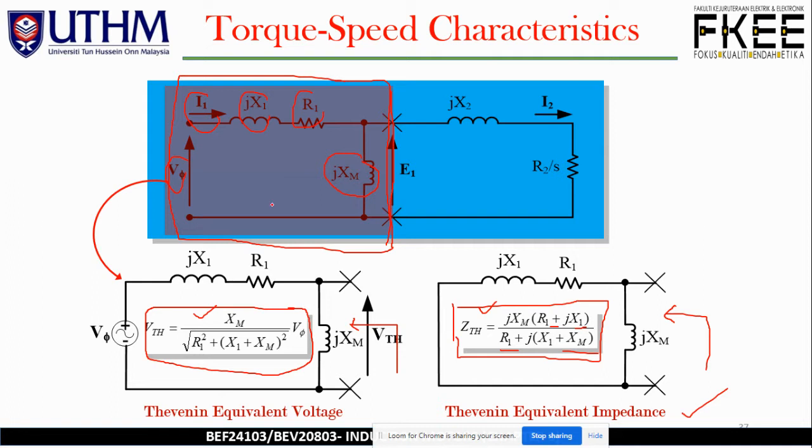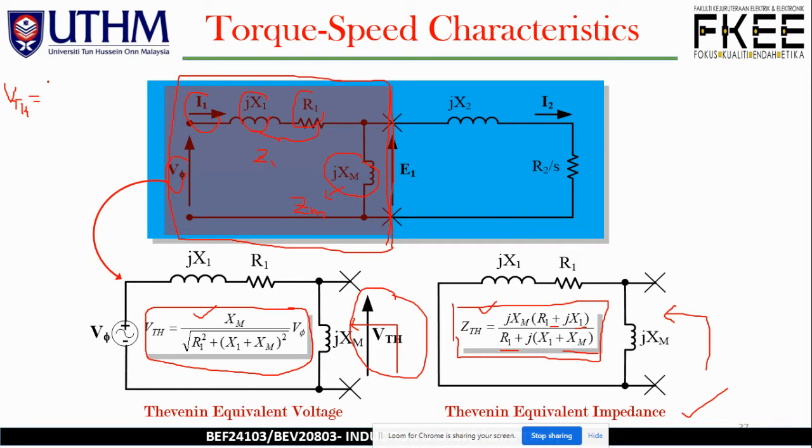So now we start with here. This is the impedance of Z1, and then this is the impedance of ZM. And if you have this type of circuit, so we have a VTH over here, and from here we are able to come up with this VTH.